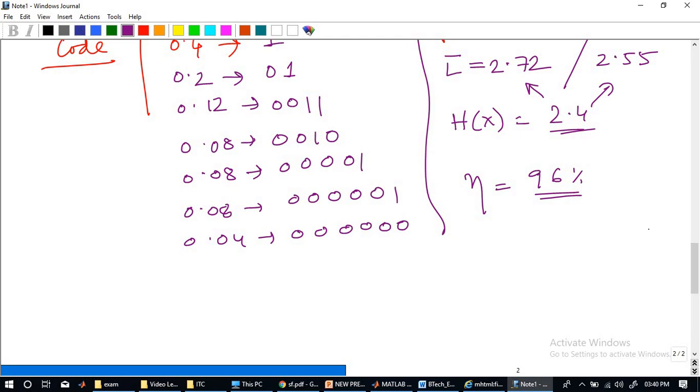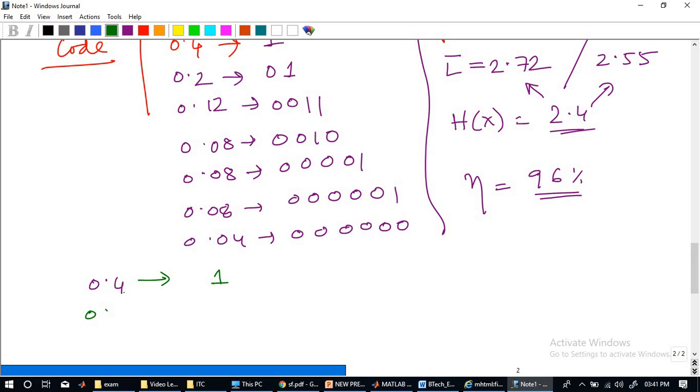Oh, you did that only. Okay. Let me have a clarification. 0.4, what are you getting? Okay. So let's have the people. That's why it is called suboptimal coding. It is not the optimal solution.